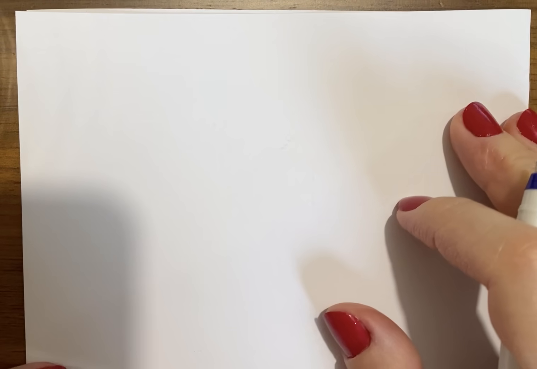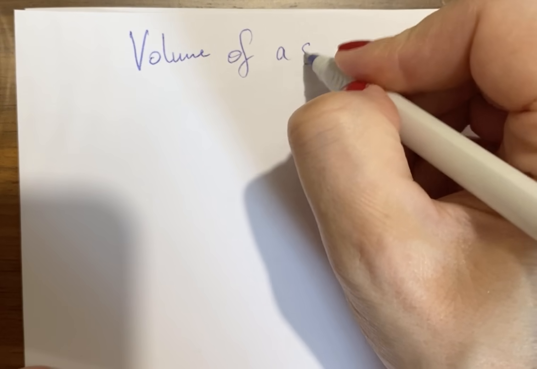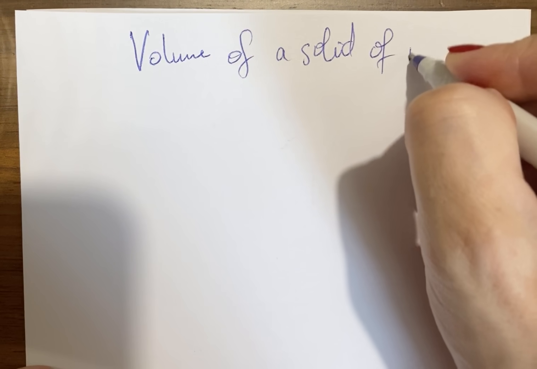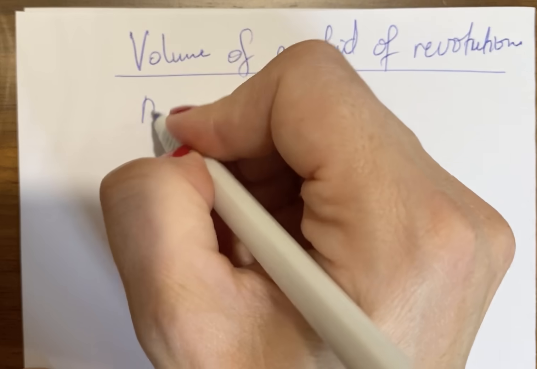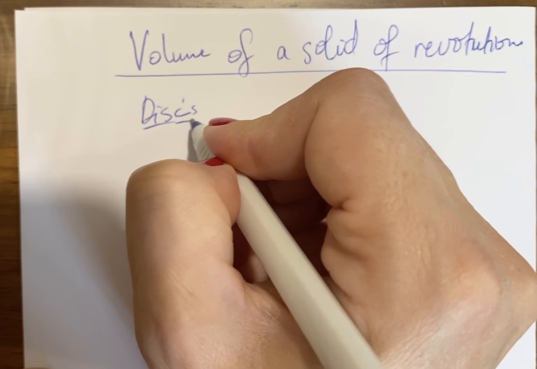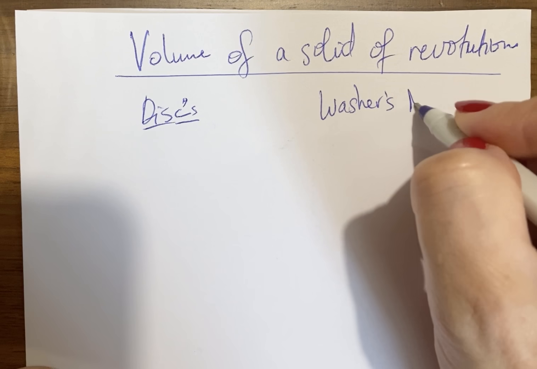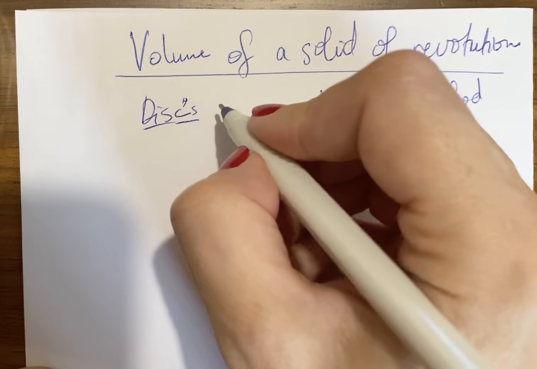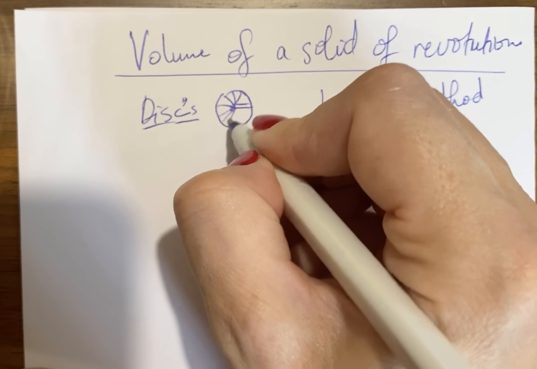So now what have we done so far? We have learned how to get the volume of a solid of revolution. But now we have two scenarios that we have learned. The disks, and what we just did with the donut is called the washer's method. Here when I revolve, I get a disk.